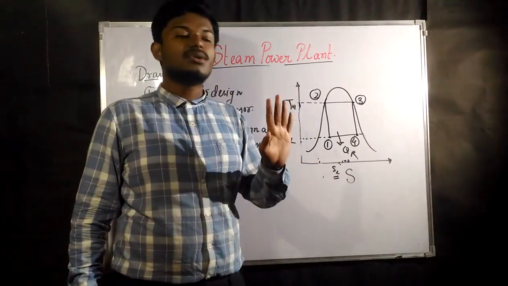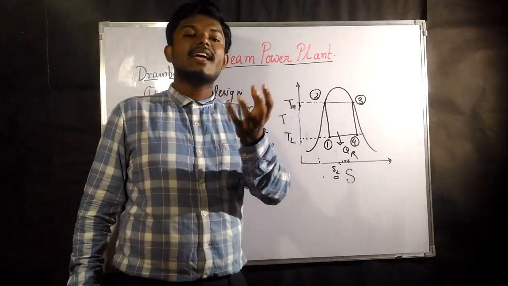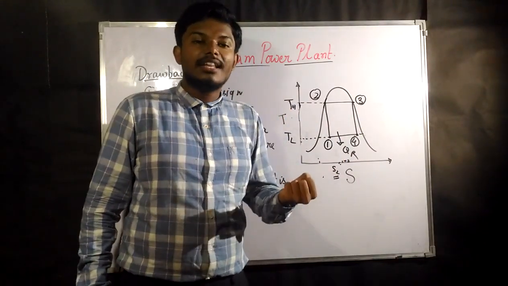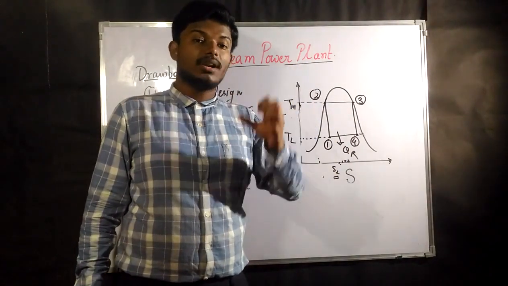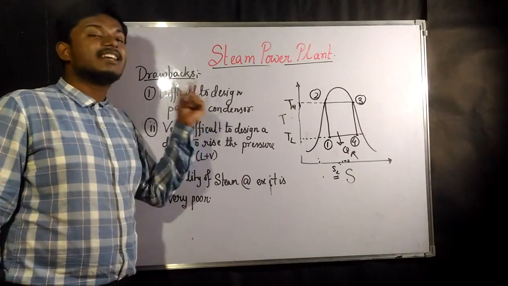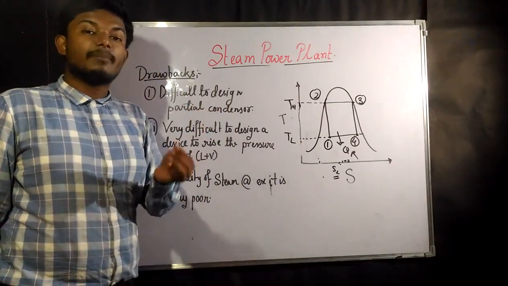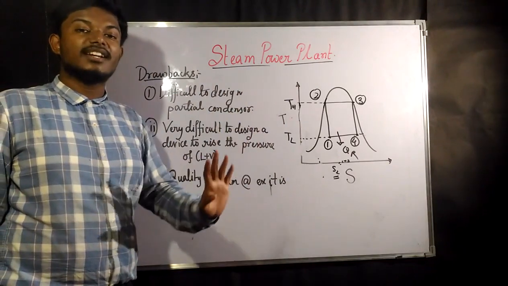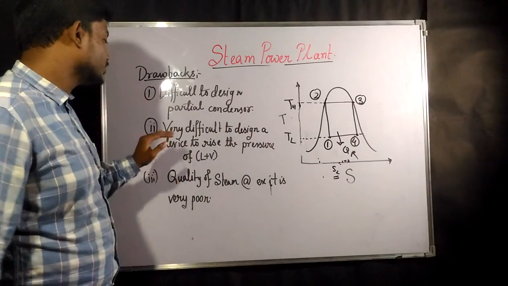So it is difficult to design such a condenser which will convert only a part of the steam into liquid. Otherwise, all condensers condense the whole amount of steam. So the first thing is that it is difficult to design a partial condenser. You cannot design a condenser where a part of the steam gets converted into liquid and the remaining stays the same; that is not going to be possible.